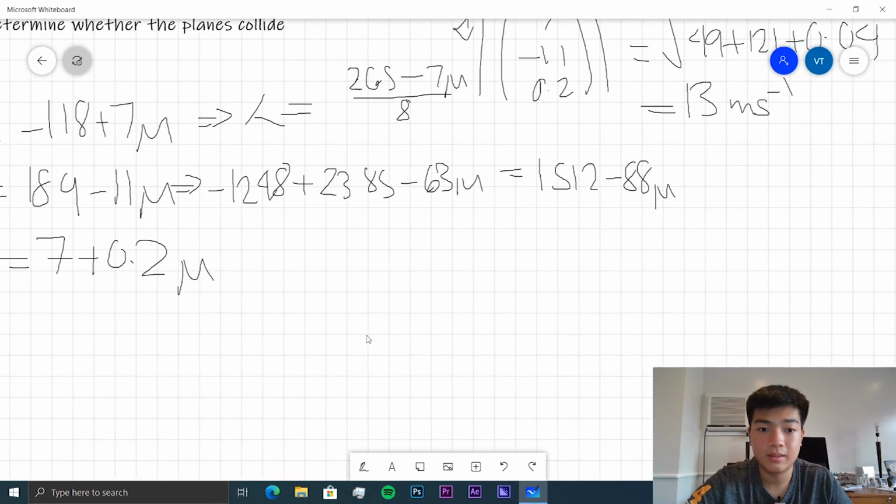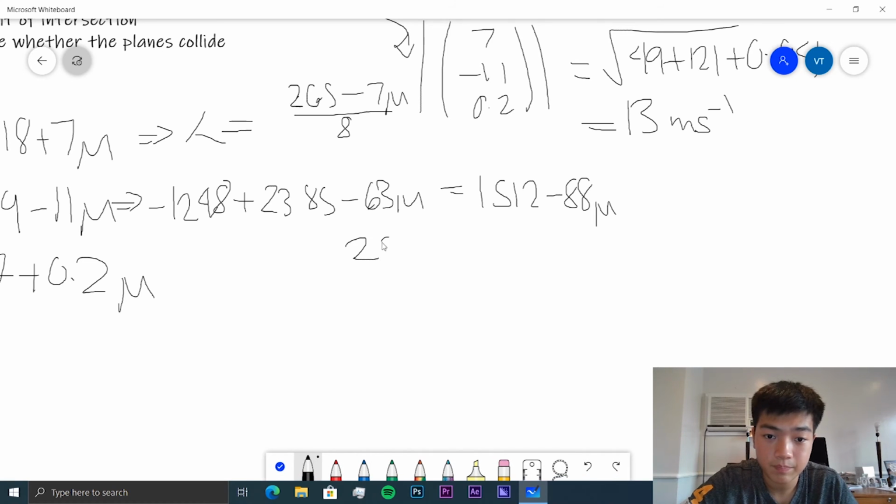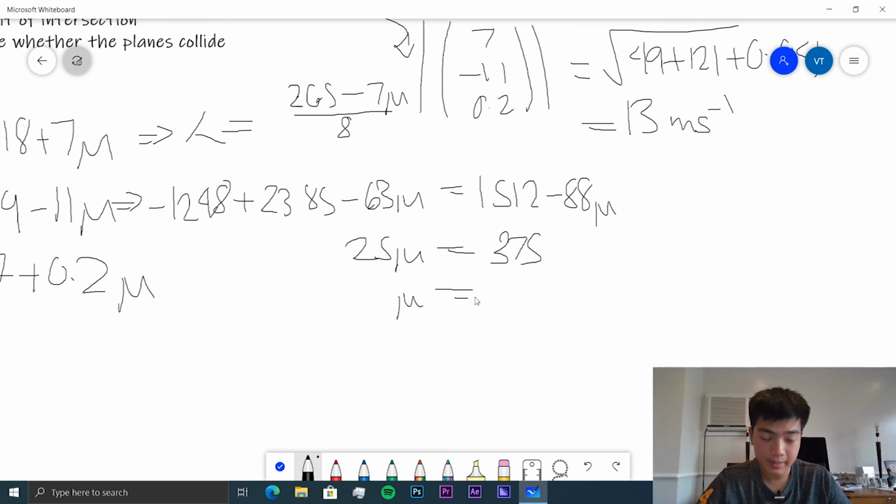So all in all, we have 88 minus 63, so 25 mu is equal to 1512 plus 1248 minus 2385. So 25 mu is equal to 375, so mu should be equal to 15.